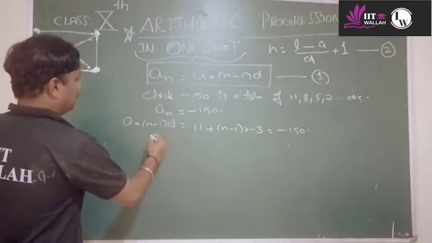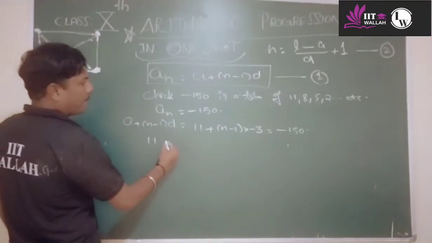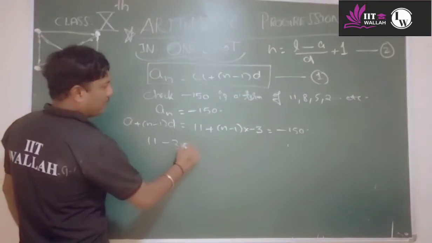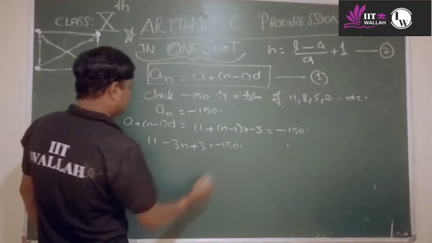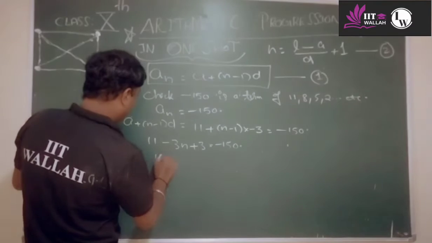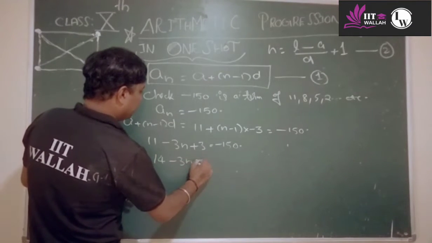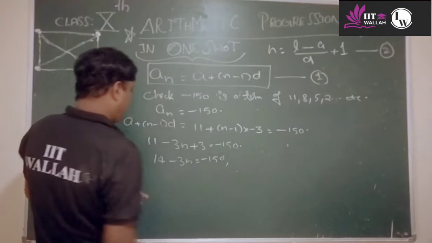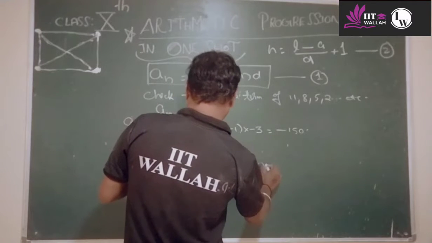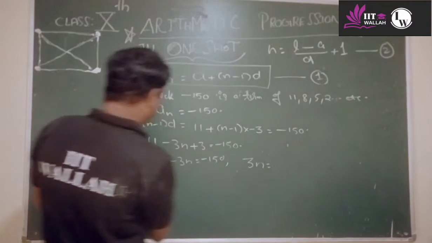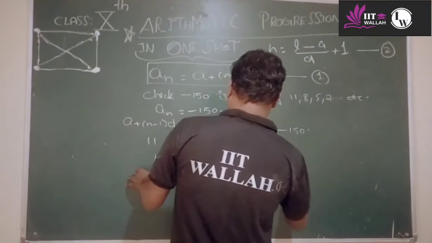Okay. So 11 minus 3n plus 3 is equal to minus 150. 11 plus 3, 14. 14 minus 3n is equal to minus 150. That means 3n is equal to 150 plus 14. That means 164.